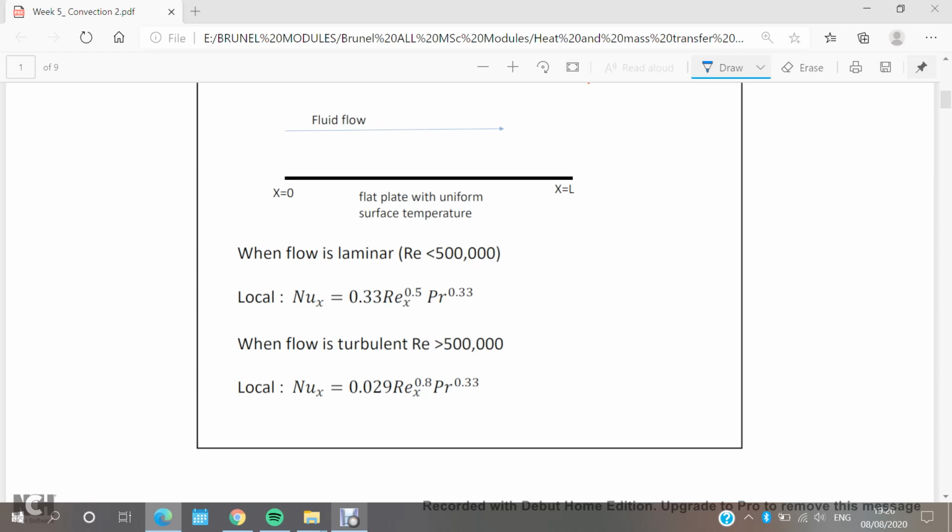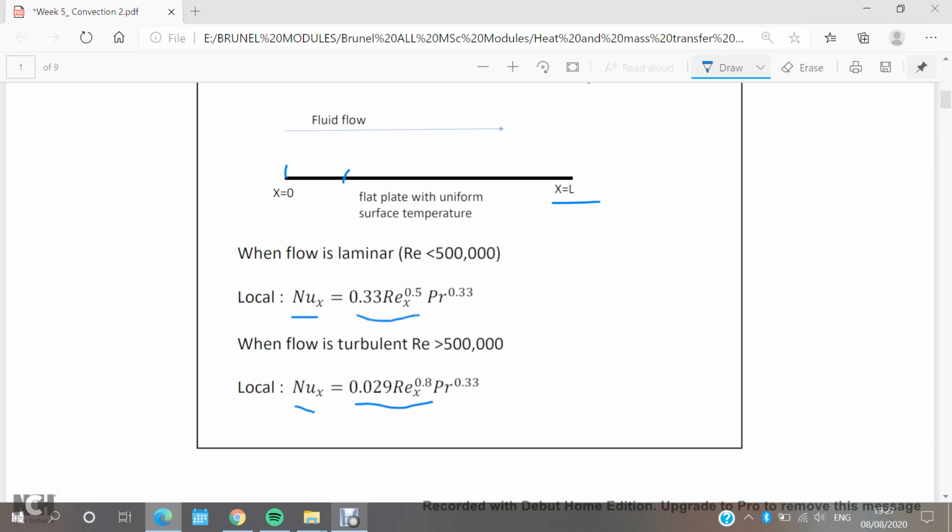But before we go through, we just want to remember the main equations to use in the case of the horizontal flat plate. So if I have a flat plate here with a length of L, and I want to calculate the local heat transfer coefficient at any x, or at any point away from the leading edge of this plate, I can get the local Nusselt number by using these equations.